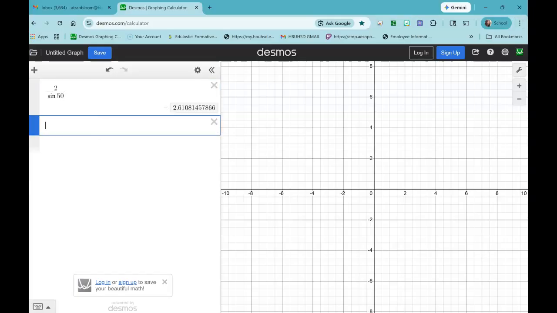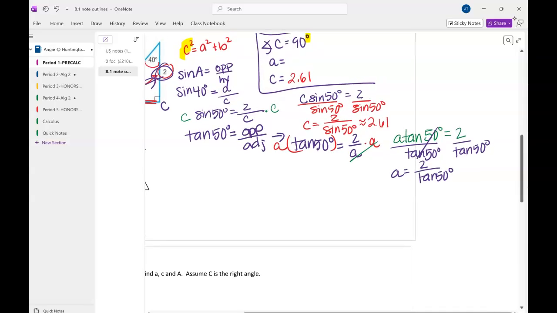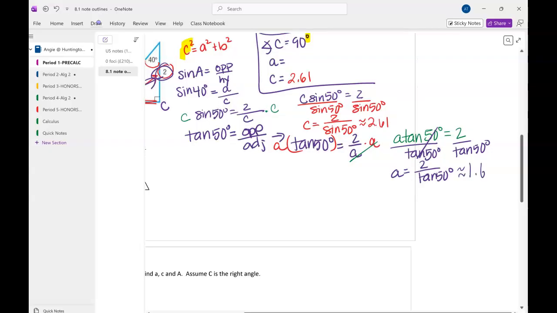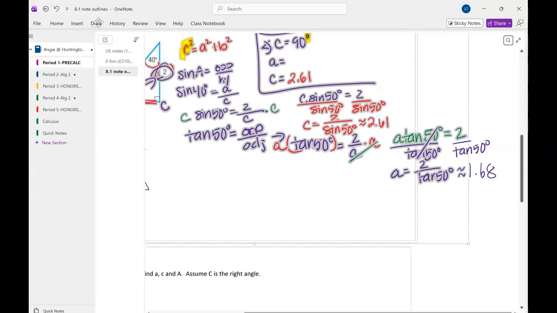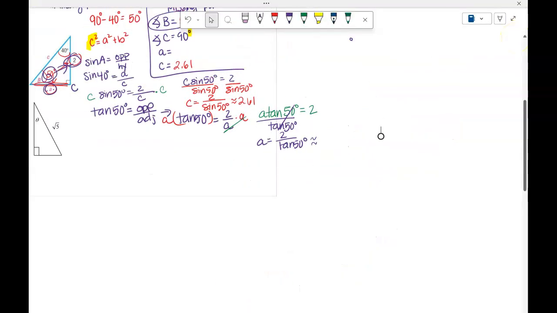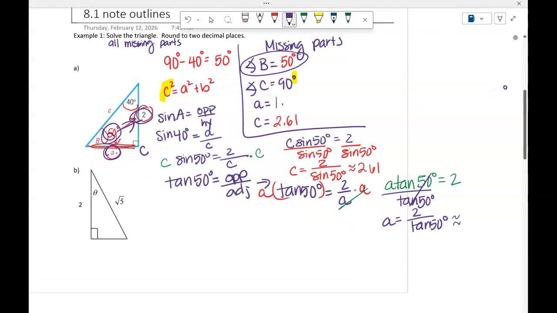So 2 divided by tangent of 50. Okay, so our answer, remember, we're looking at the third digit if you want to round, and this is 8, so that means it's 1.68. So A is going to be about 1.68.